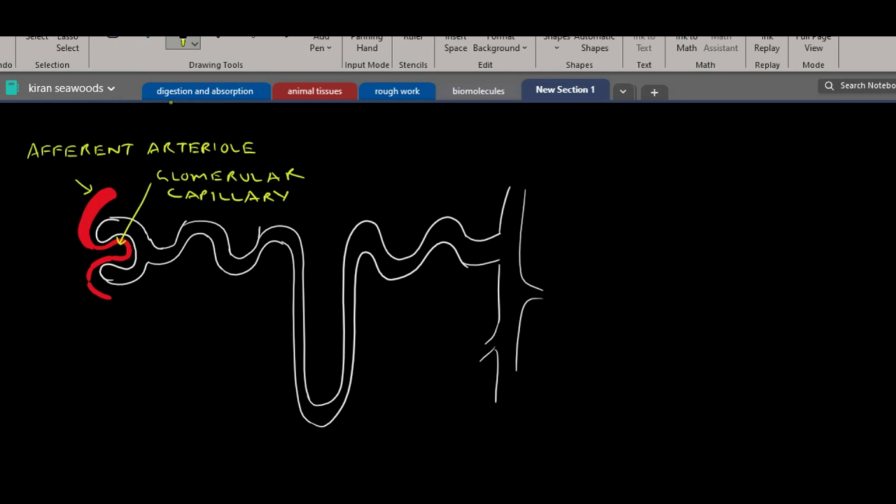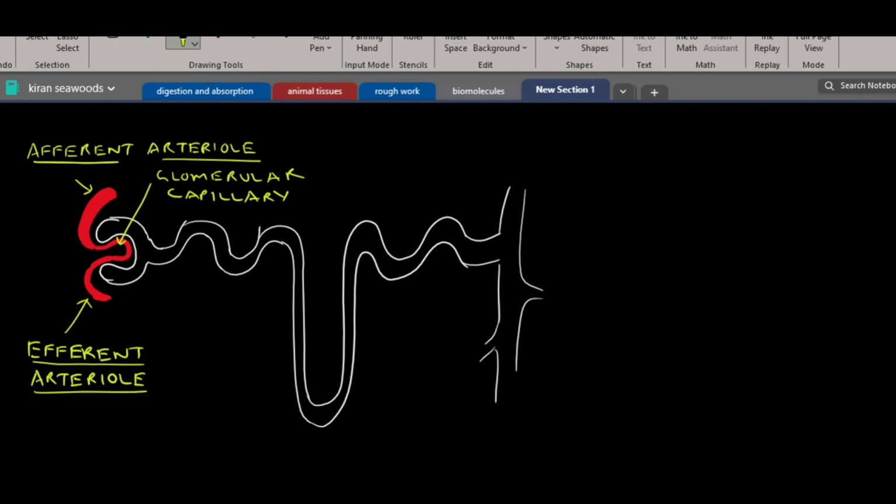Now it exits as this tube, which is a little narrower, and this one is referred to as efferent. E for exits. You can remember like this: efferent arteriole. So the blood enters via the afferent arteriole and it exits as the efferent arteriole with a narrow lumen.